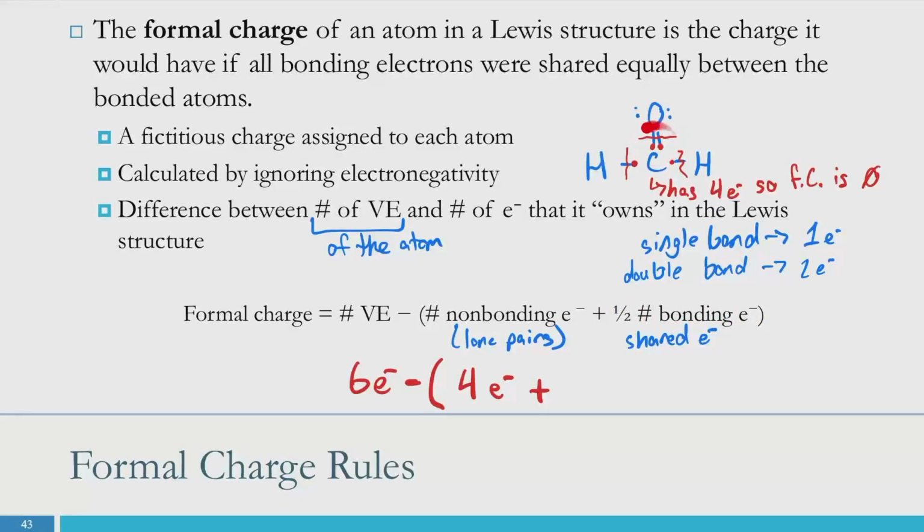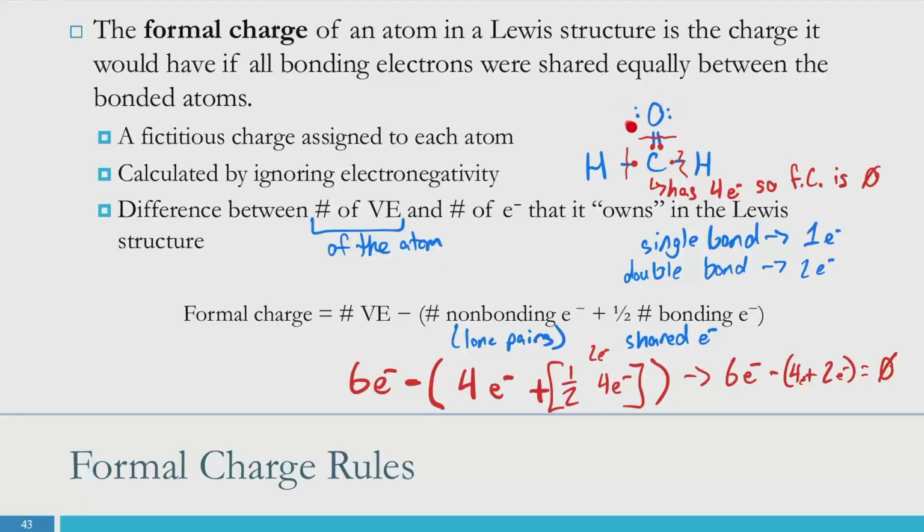So this double bond has how many electrons in it? 4 electrons. We're going to take half of that, which is 2. So what this turns into is 6 electrons minus 4 plus 2. So it also has a 0.